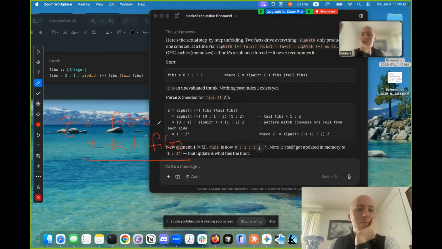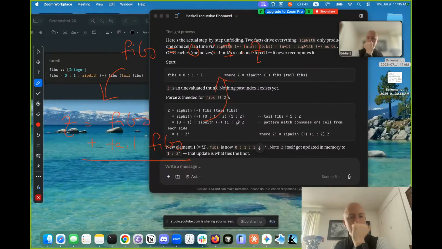So Z is equal to fibs basically, and fibs is equal to Z like this. So, okay, I guess you do have this kind of co-recursive thing going on.